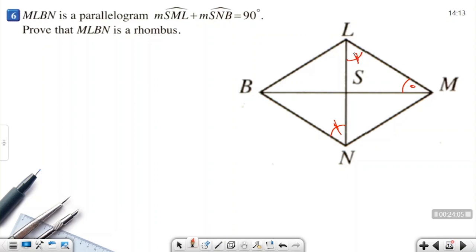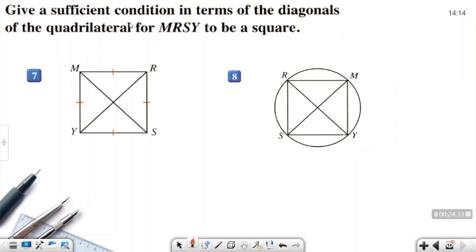If this is a parallelogram, because of the alternate angles, these two are congruent. And as you see, given this angle and this one are equal to 90 degrees, so this must be 90 degrees. So what is the rule? If diagonals are perpendicular bisectors of each other, so they intersect at a right angle, we call this shape a rhombus. So that's all.